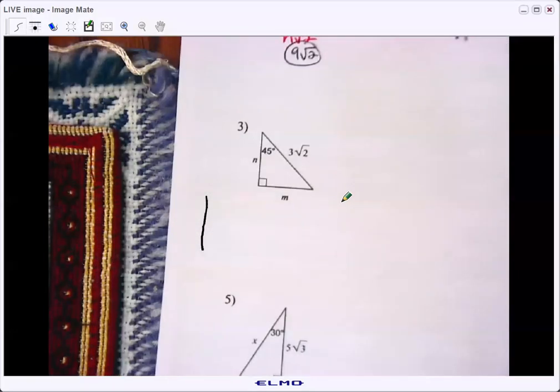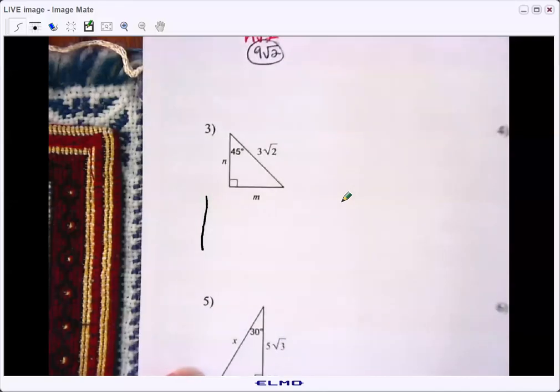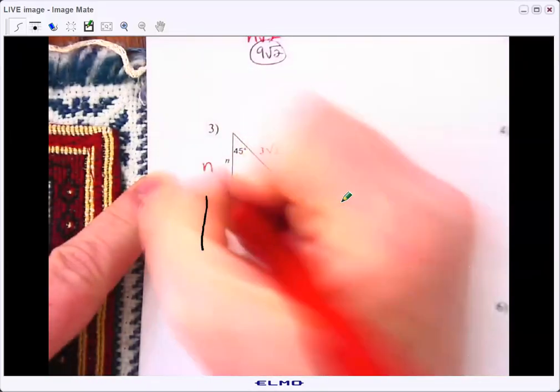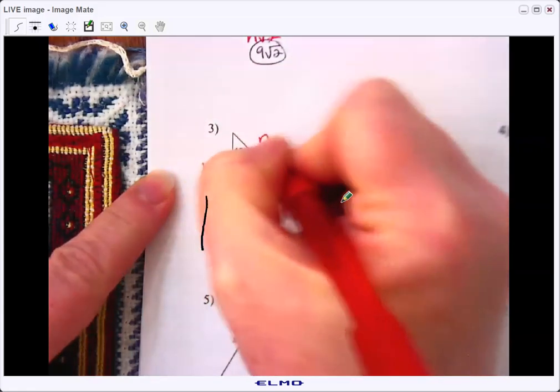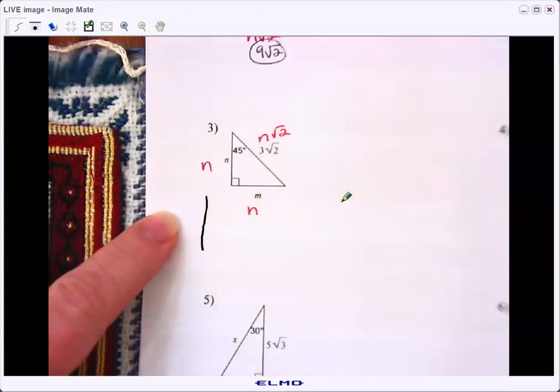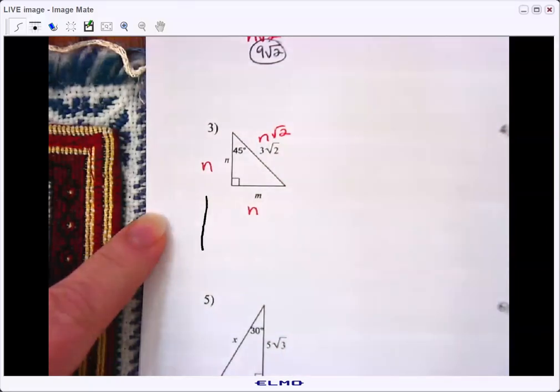Okay, so number 3. Labeling n, and n root 2. There were a few people that said they weren't sure, so let's see if we can help a few people here.